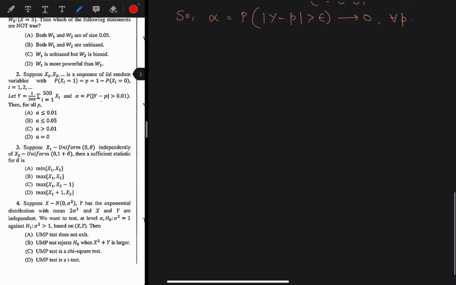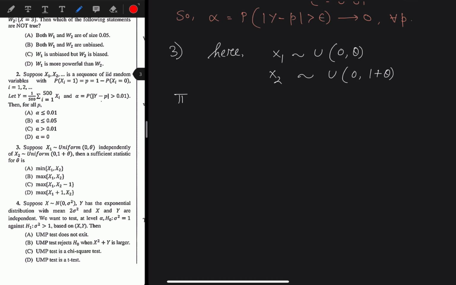So let's go to question number 3. In question number 3, we are given x1 follows uniform 0, theta, and x2 follows uniform 0, 1 plus theta.